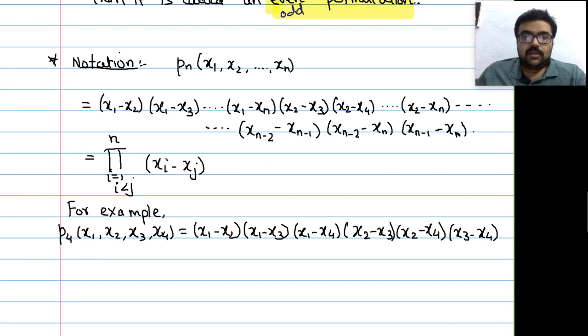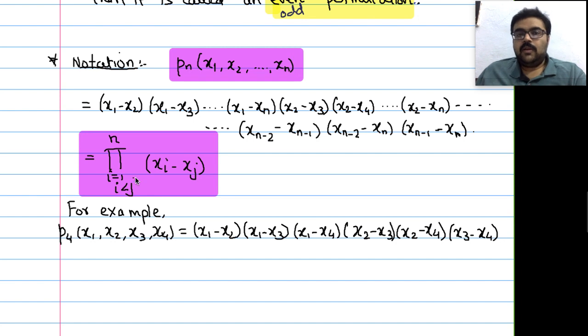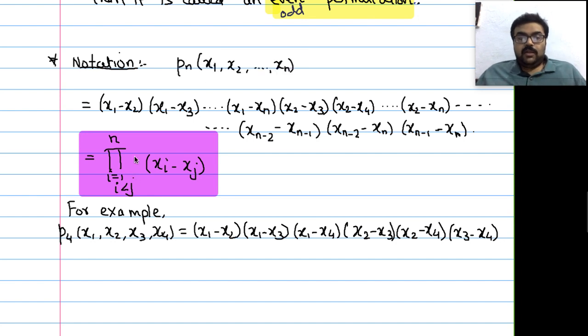Right, so this is the product which we can write. So this is Pn. General Pn can be written like this. So start with i equals 1, then j must be greater than i, so j starts from 2, and so on, and i equals 2, then all these elements, product of xi minus xj. So take this.